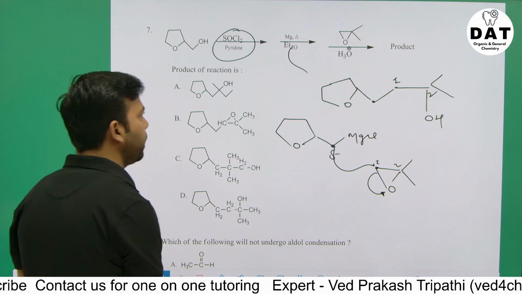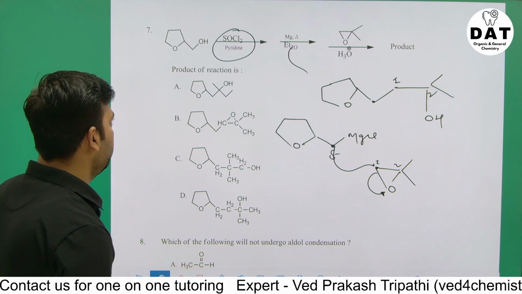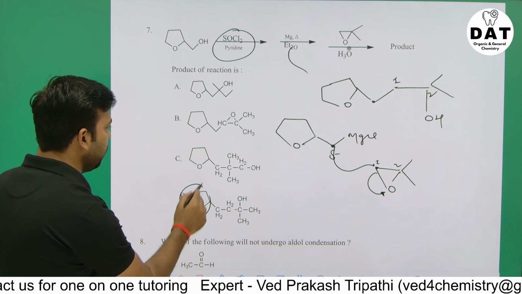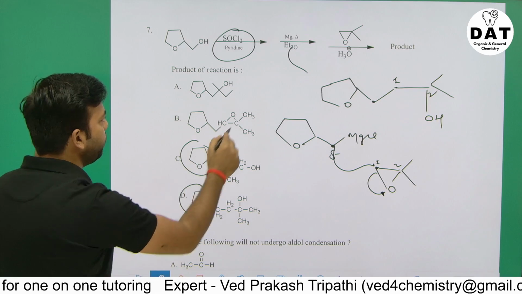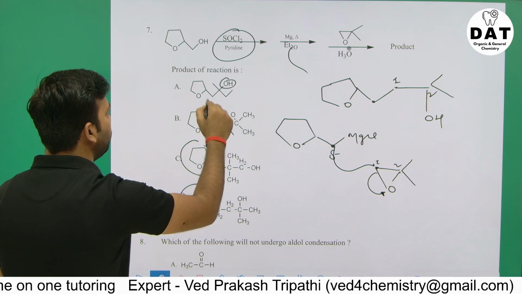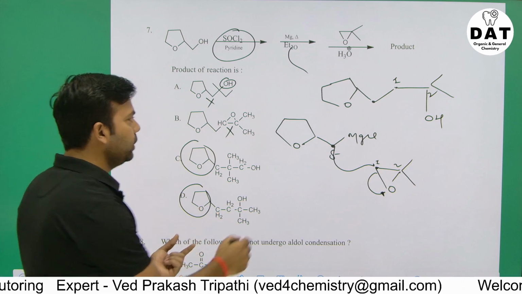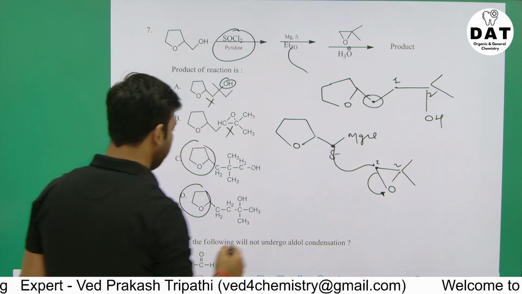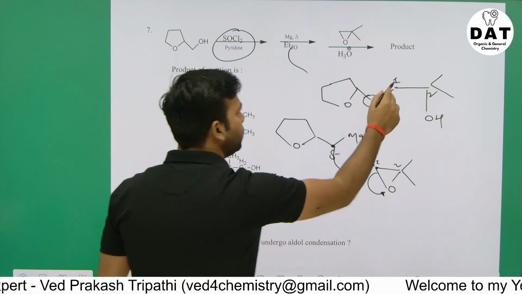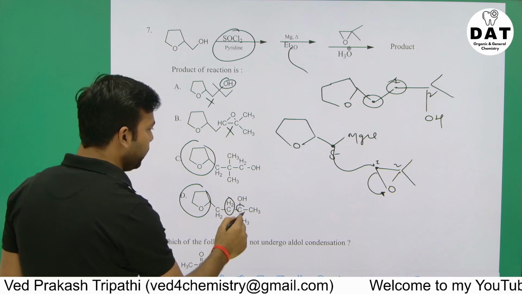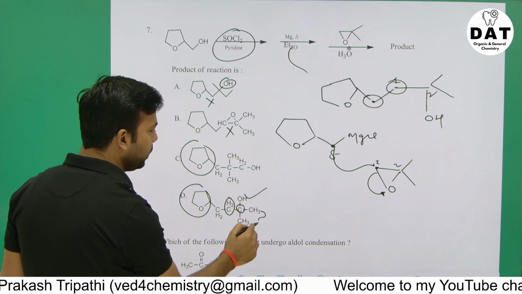Clear? So here you can see oxygen. This is epoxide, no. This is OH, no. Look at this. This is CH2. Again a CH2, again a CH2. And then a carbon having OH and dimethyl.